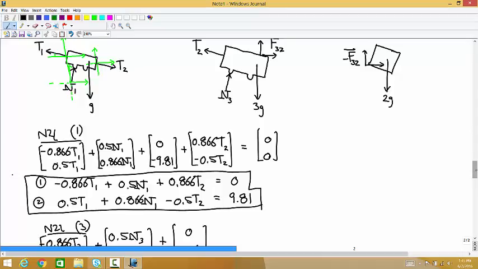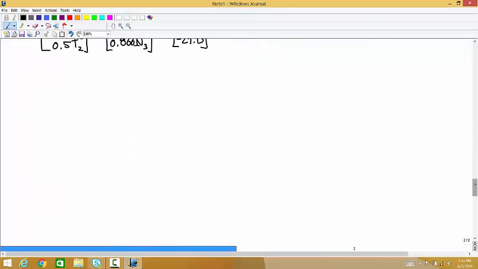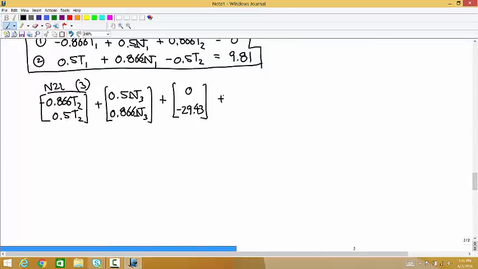And then we have F32, and I'll break that up into components. So X and Y components. Okay, so we have useful equations number 3 and 4. We had 1 and 2 before.